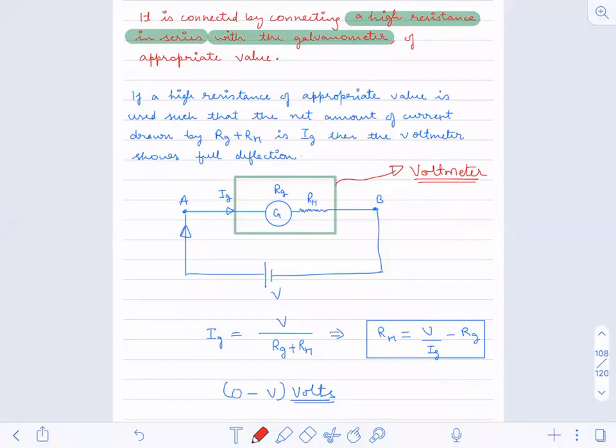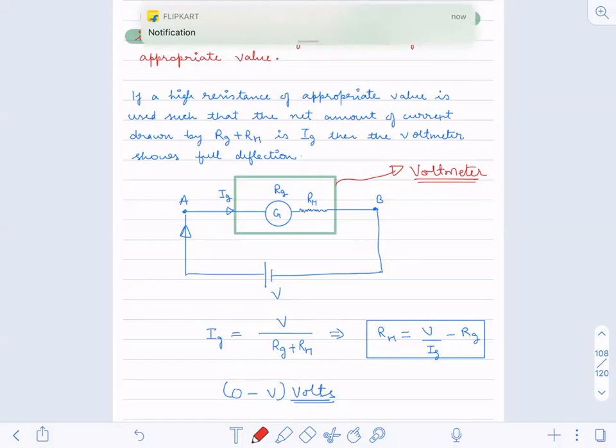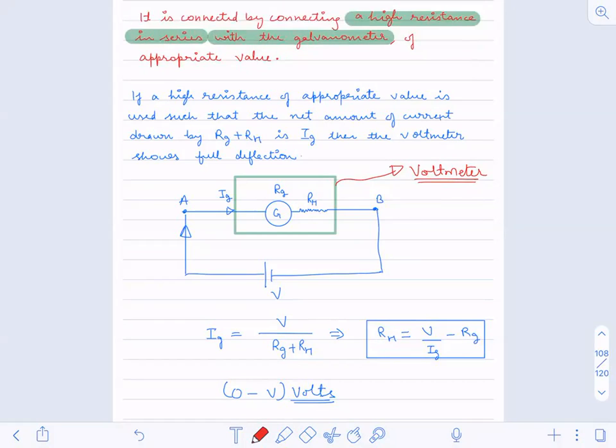Is this the sum of voltage range? What are you asking? I can't understand. Is this sum?